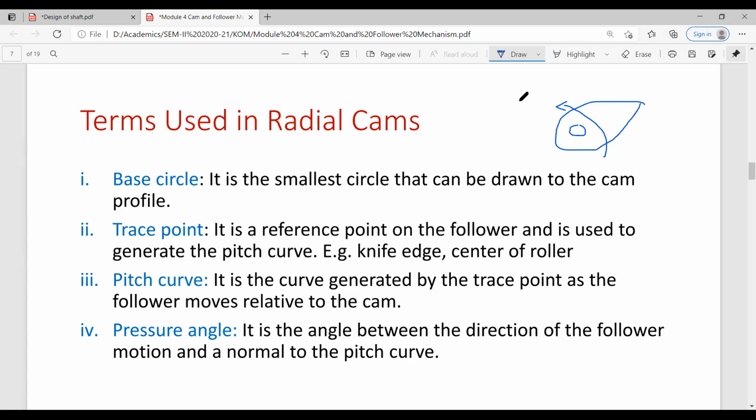In order to draw that, you need to remember this terminology: what is a base circle, what is a trace point, what is a pitch curve, what is pressure angle, etc. All this terminology related with the cam, you should know.